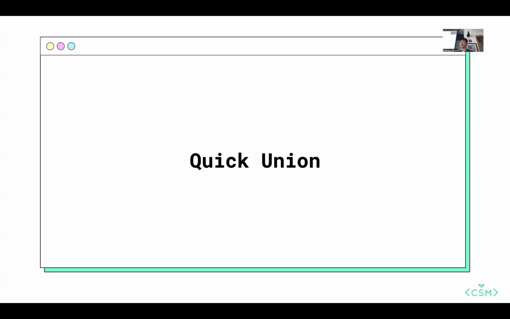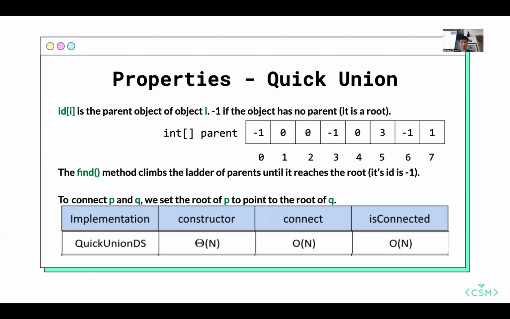All right, I'll move on to quick union. Quick union also uses an array representation of disjoint sets, but with a different representation. Instead of storing a set ID in all of the elements, an element stores -1 if it's the root of a tree.